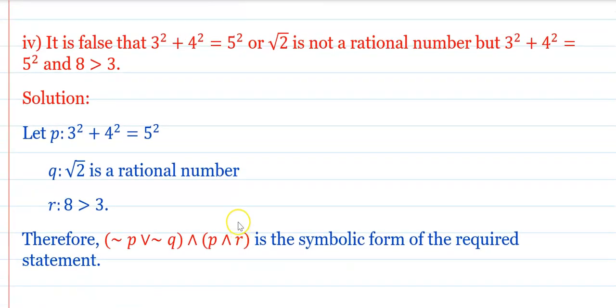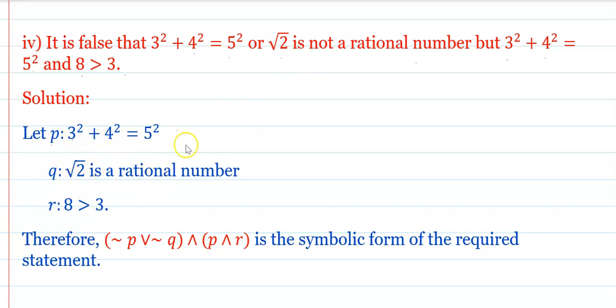Next, it is false that 3 square plus 4 square equals 5 square, or root 2 is not a rational number, but 3 square plus 4 square equals 5 square, and 8 is greater than 3. Okay, now the first statement P, 3 square plus 4 square equals 5 square.